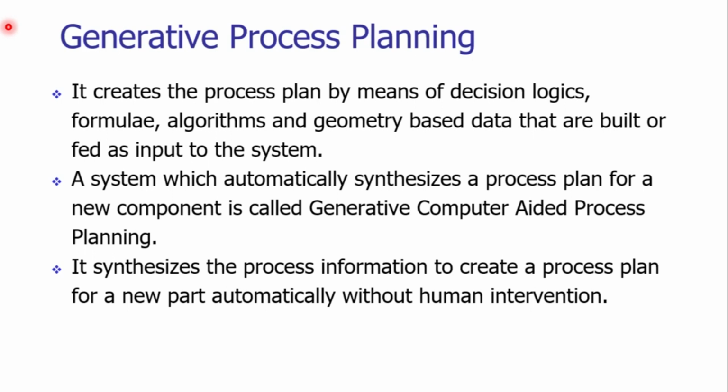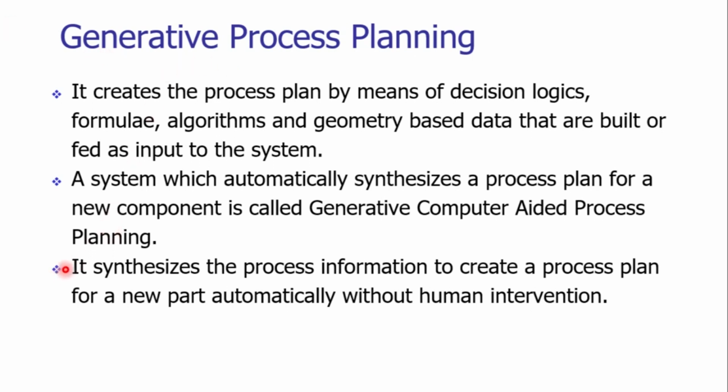The new product or new part which is coming in, which we need to manufacture, would be entirely different. So there may not be any part family matching that particular product. So in that case, we have to start from scratch to develop that process plan. When we are creating the process plan from scratch, from zero, that is called generative process planning.